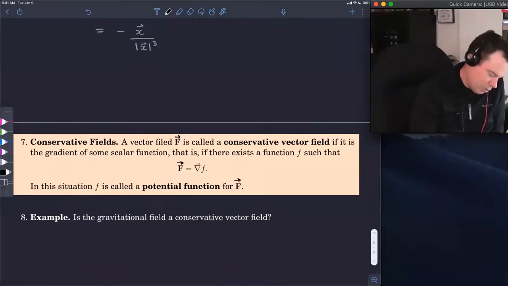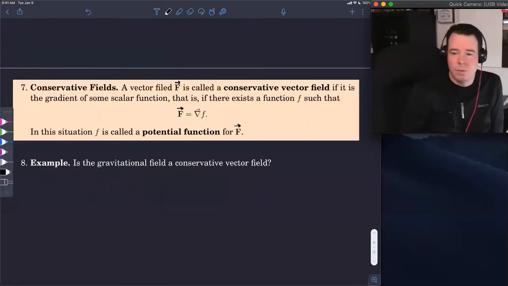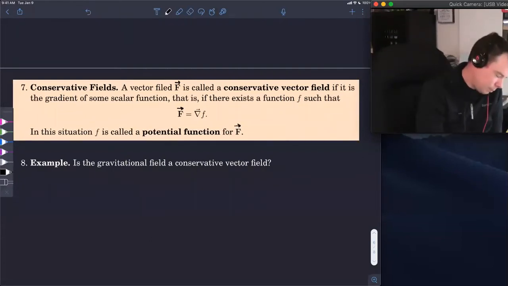And so then the question could be raised that the gravitational vector field that we constructed above, is it a conservative vector field? And the answer, of course, is yes. And why is that? Well, we need to find a potential function for it.